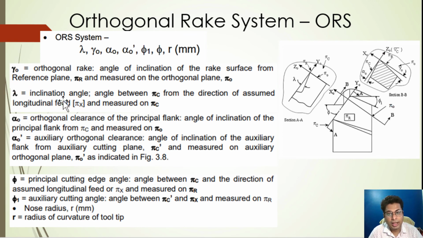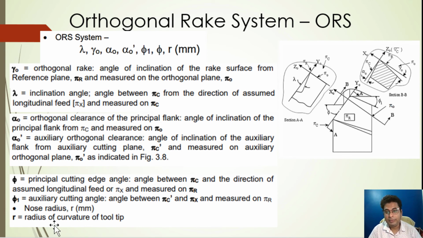This inclination angle is a new term which has arrived in orthogonal rake system. Whenever you are measuring on pi c, the angle which it is making with this pi o or orthogonal plane is your lambda. That is your inclination angle.